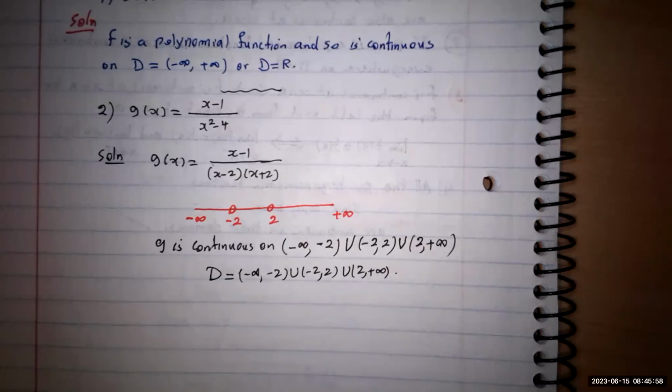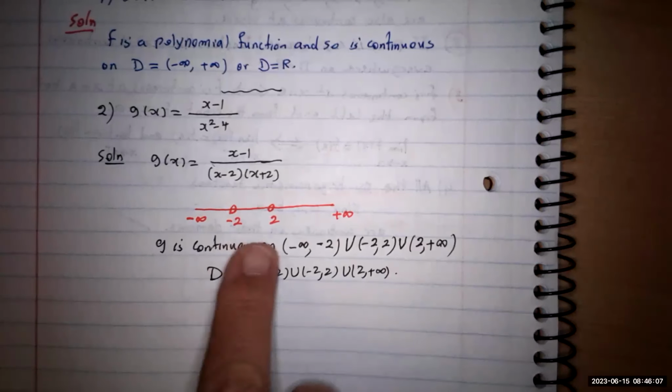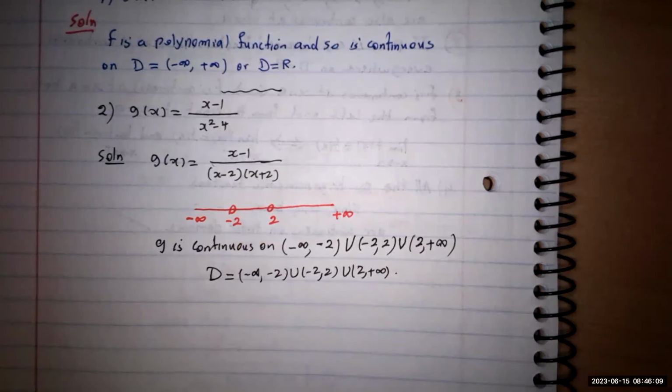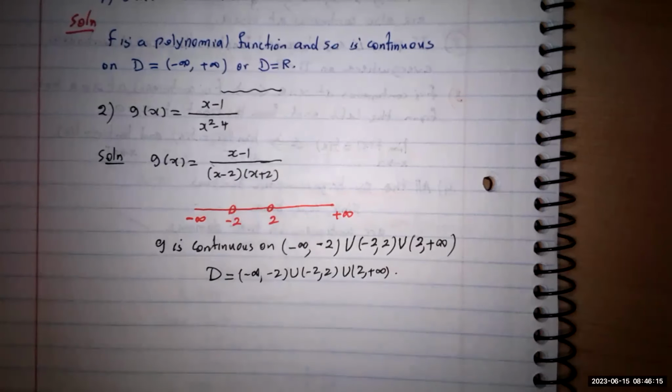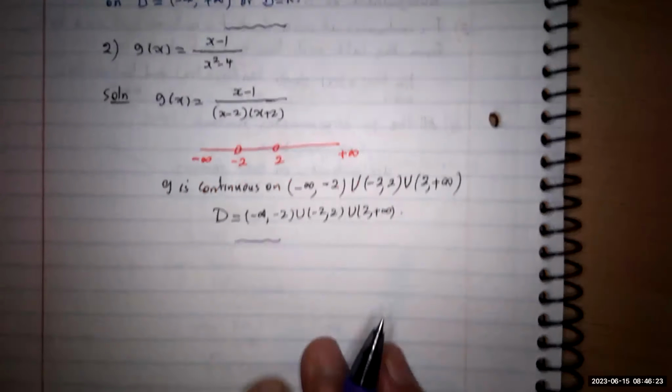So this function is discontinuous at x equal to 2 and -2. If you graph it, it's going to be in pieces at -2 and 2 because of the asymptote. Any question? So when it's a rational function, just exclude the zeros of the denominator to get where your function is continuous.